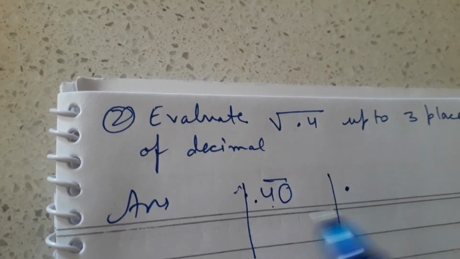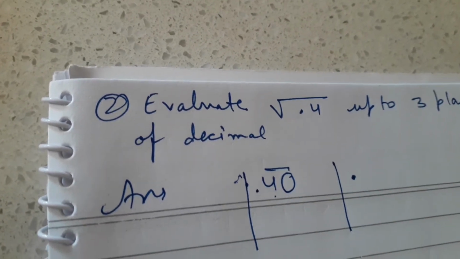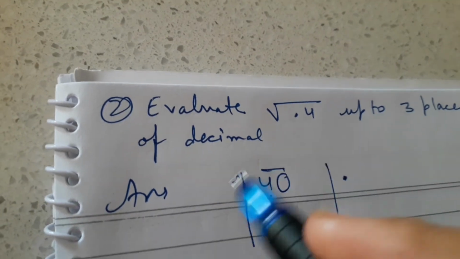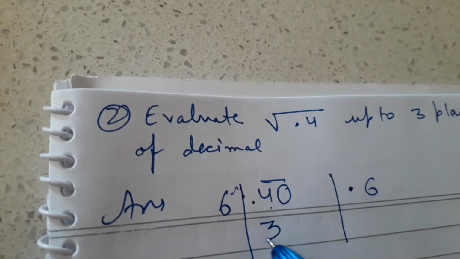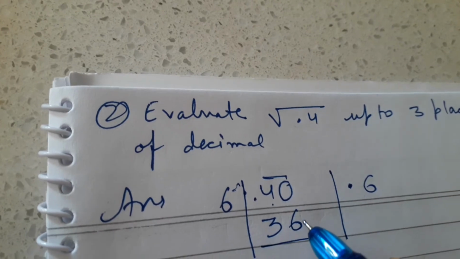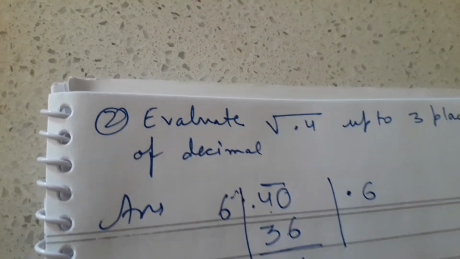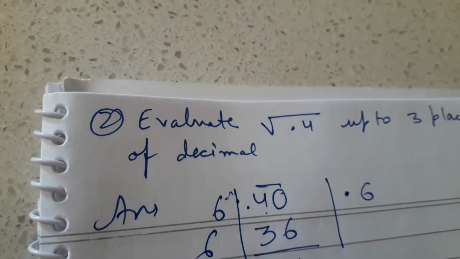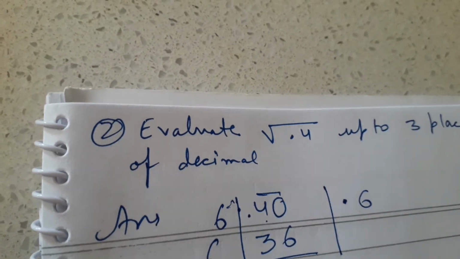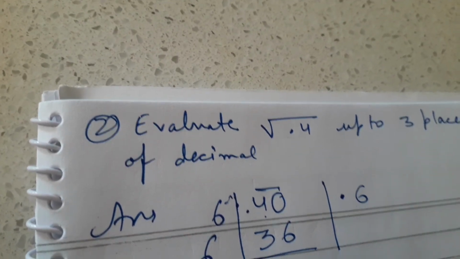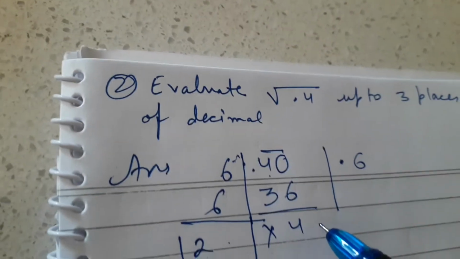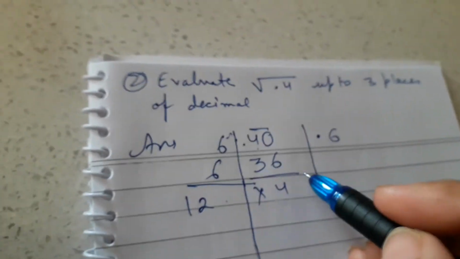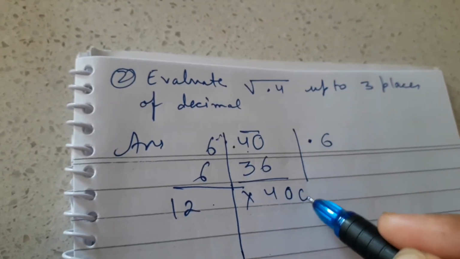Now start with 40. 6 is 36, which is almost near to 40. 40 minus 36 is 4. The 6 we have taken, we will add here. Now we have to find the digit. We have taken the point, and we have to make it an even number, so we will put 2 zeros here.